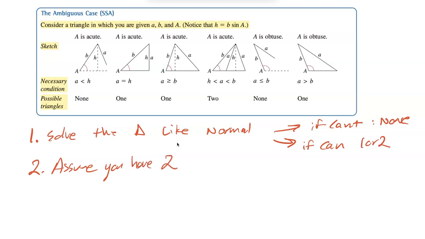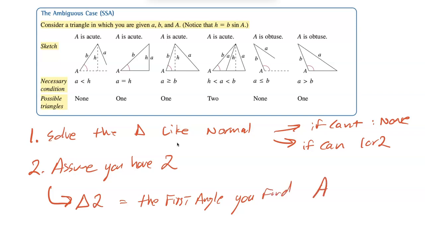And the way you do triangle 2 is the first angle you find, let's say it's angle A is the first one you find, A prime is going to be 180 minus that angle you find. So that's the first angle found.